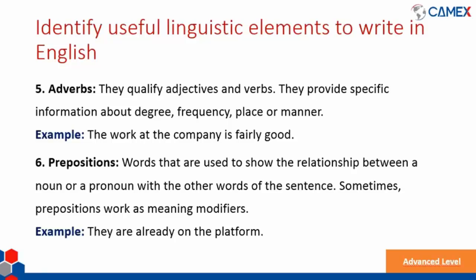Okay, so let's see how we did it. In this case, fairly was the adverb because fairly qualifies the word good, and good is an adjective, and as an adjective it qualifies work, which is the noun.